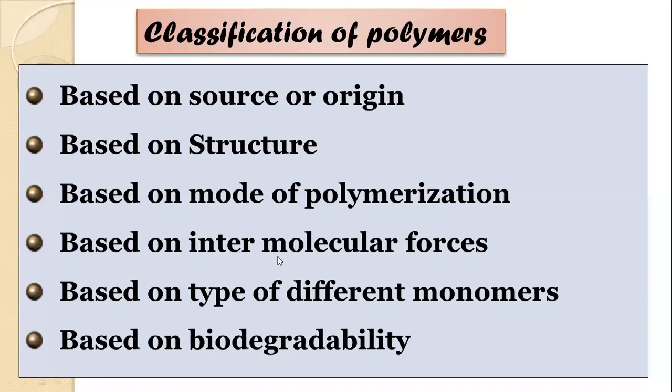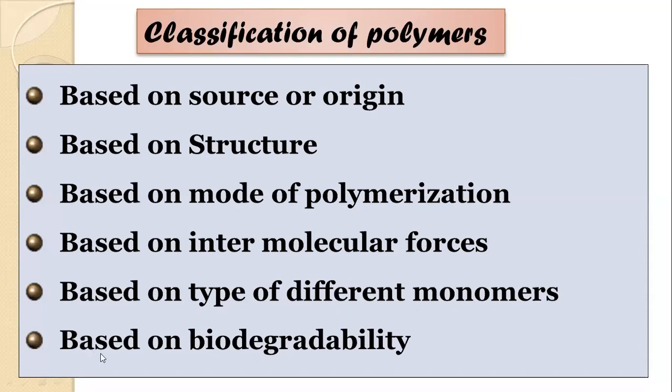Depending upon the intermolecular forces, these polymers are also classified. Then number 5, classification based on type of different monomers. If the same monomers are used, these are homopolymers, and otherwise heteropolymers. So depending upon the monomers, also the polymers are classified.